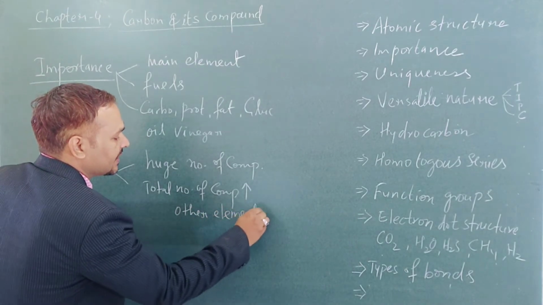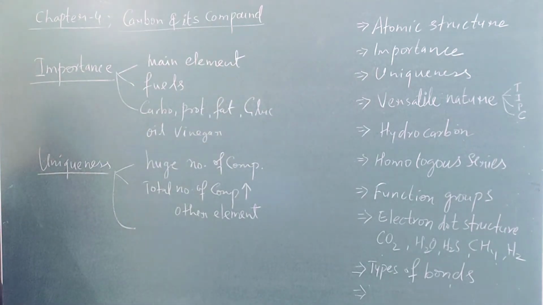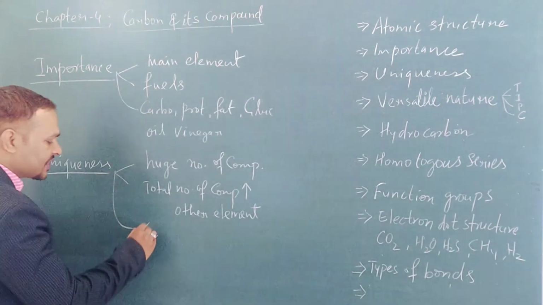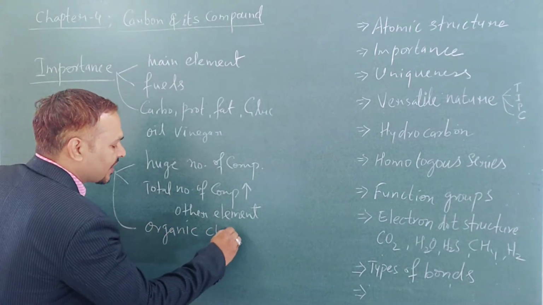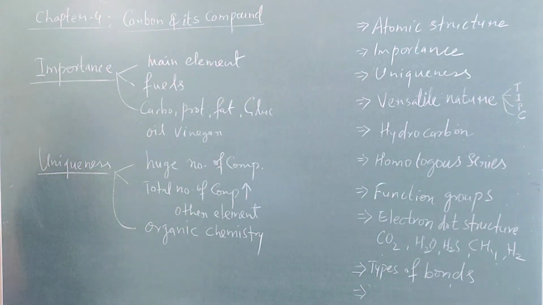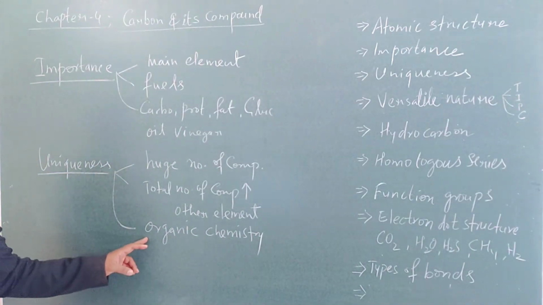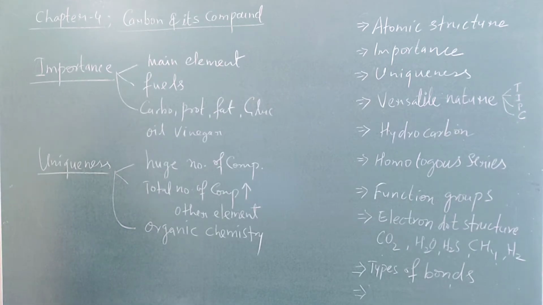That is why the chemistry of carbon and its compounds is separately studied as organic chemistry. So what is organic chemistry? Organic chemistry is a branch of chemistry which deals with carbon and its compounds. I hope it is clear now.